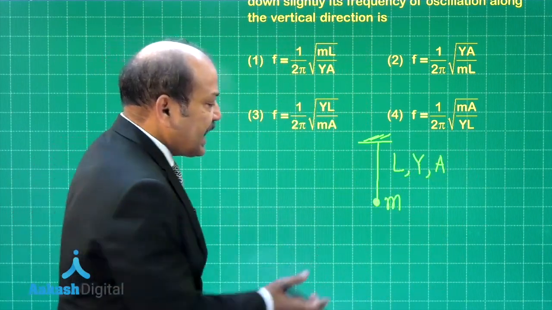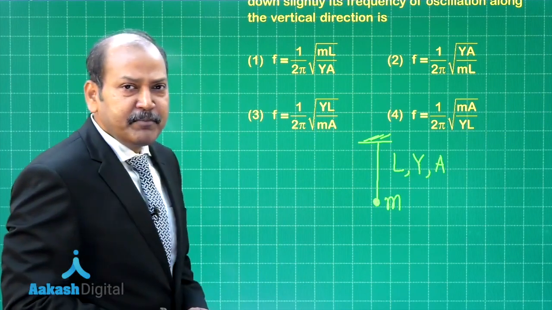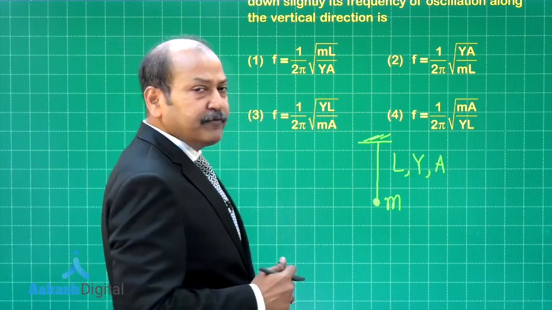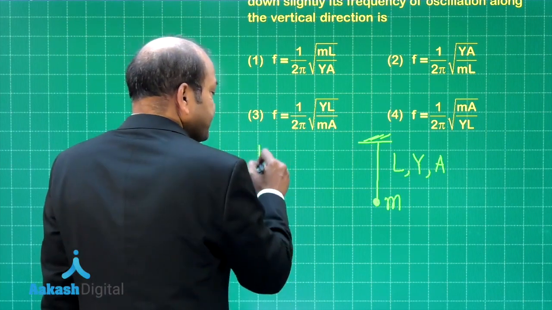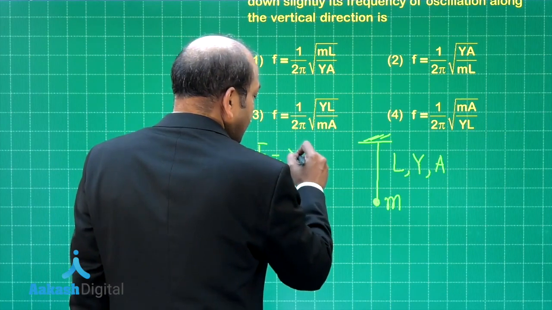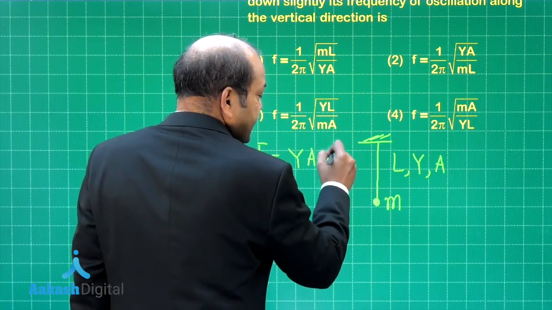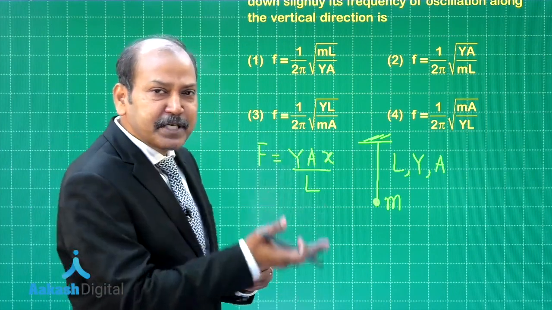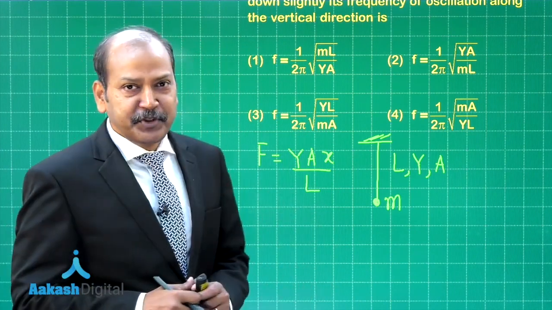Now, if we imagine that it is displaced from its equilibrium position vertically by distance x, the restoring force is going to act, and the expression for the restoring force in fact is coming out as y into A into x divided by L, where x is the displacement of the particle from its mean position.